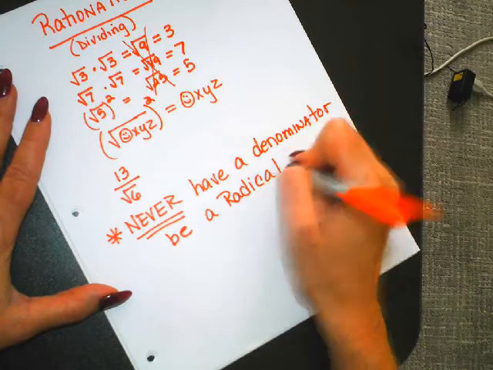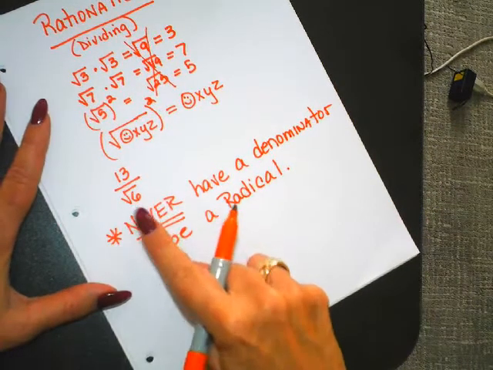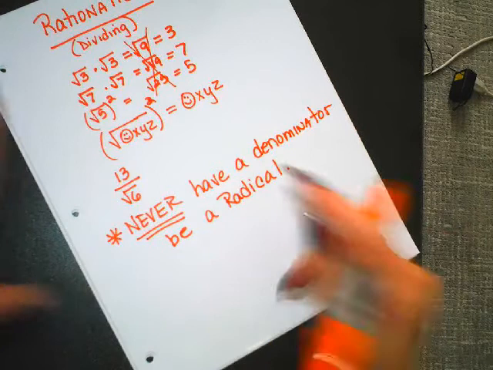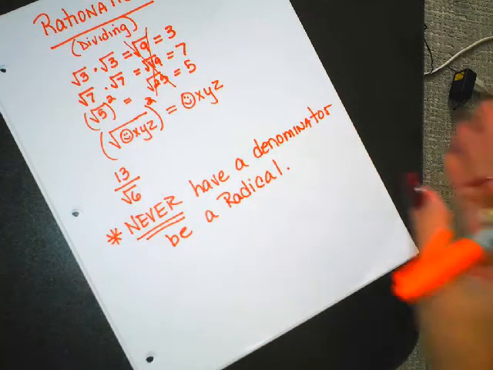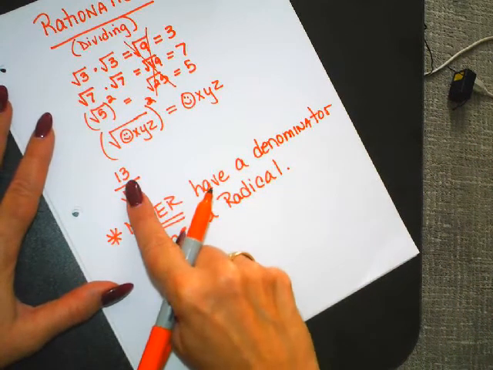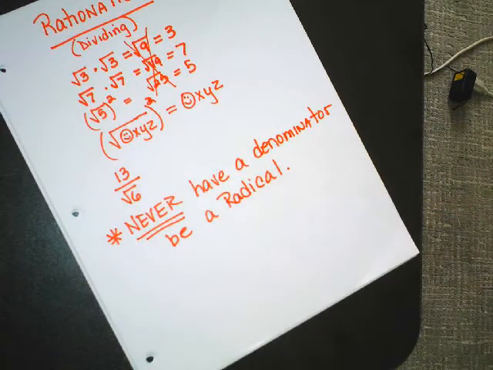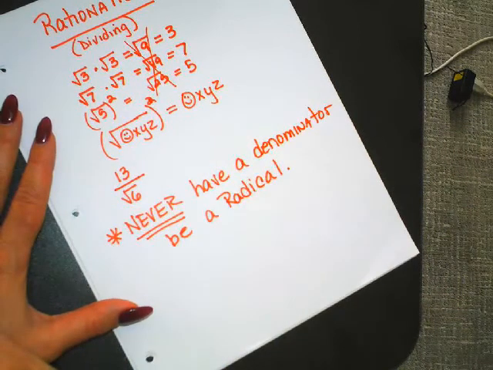Maybe I should have written that down. But you can never, ever, ever have that. That's an irrational number, okay? And remember when we discussed irrational numbers in the beginning? Irrational numbers are crazy. They're numbers that do not make sense. Well, I'm not going to have a crazy person in my denominator that's holding me up. Who knows if they're not just going to walk away? So we can never, ever have that.